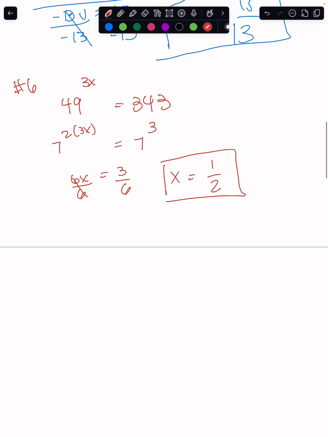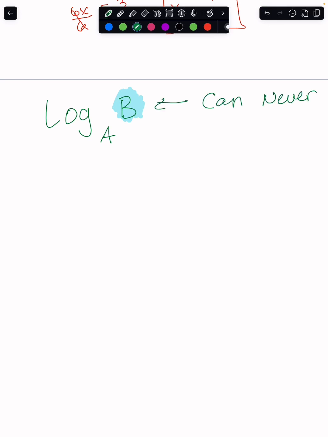All right. So before we move on, I'm going to point something out. Anytime you have log base any number, and this number right here, this b, that b right there can never be negative.